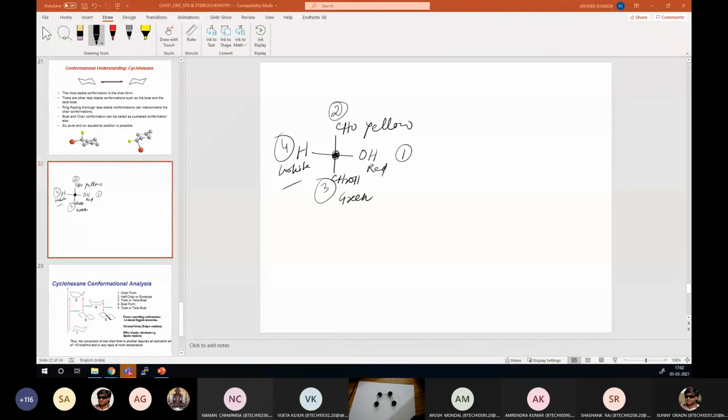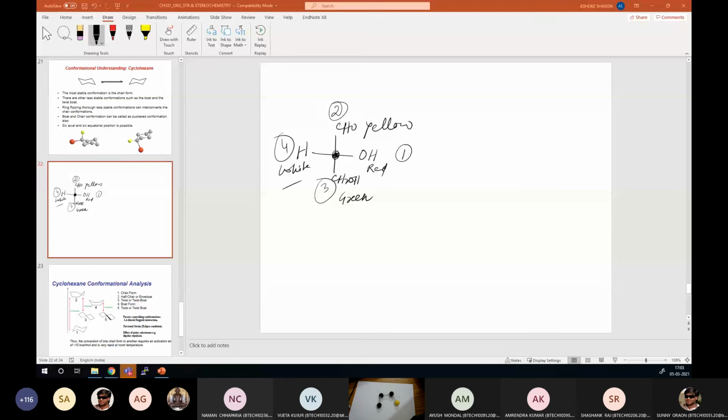Now tell me one thing. Here, suppose you have 4 atoms. So what is dihedral angle? Let me change this 4 atom now. Yellow is your 1. So you have 1, 2, 3, 4.